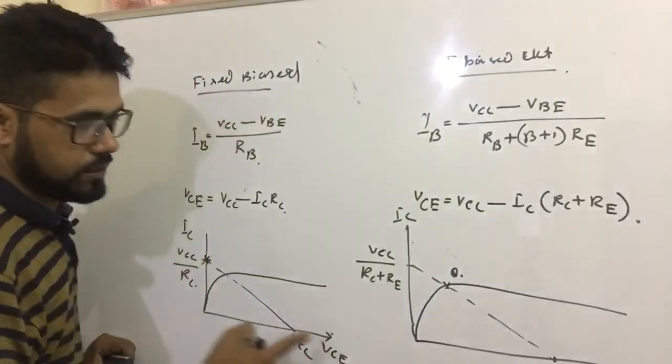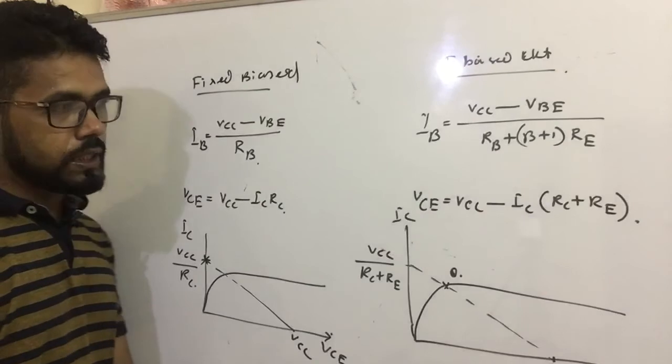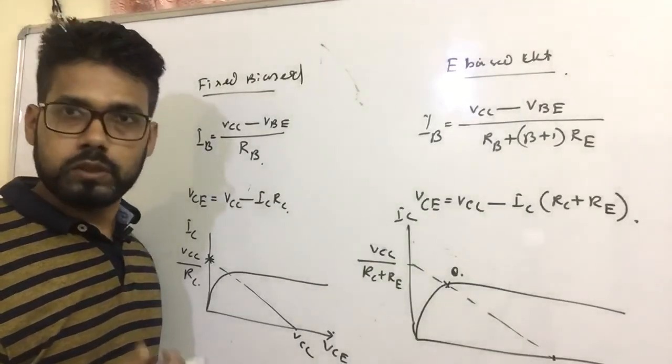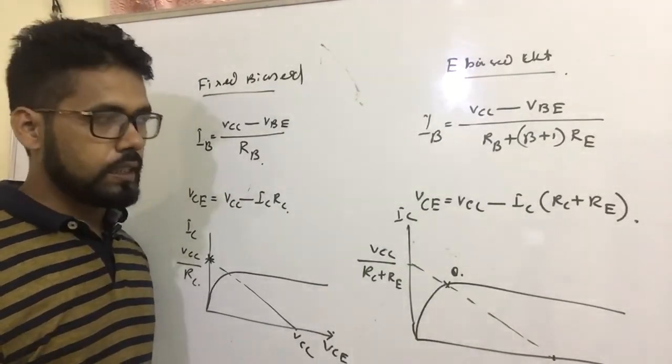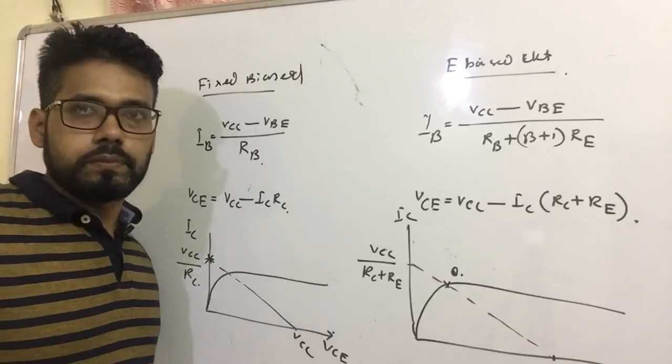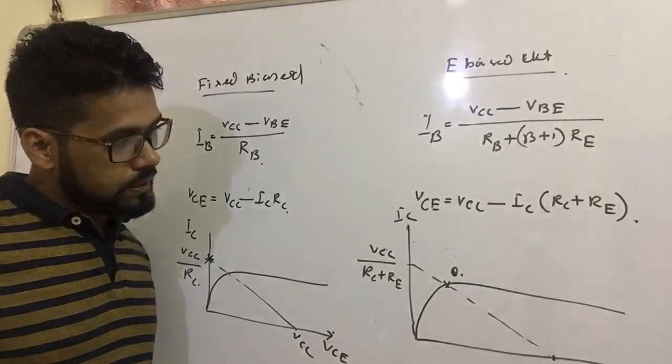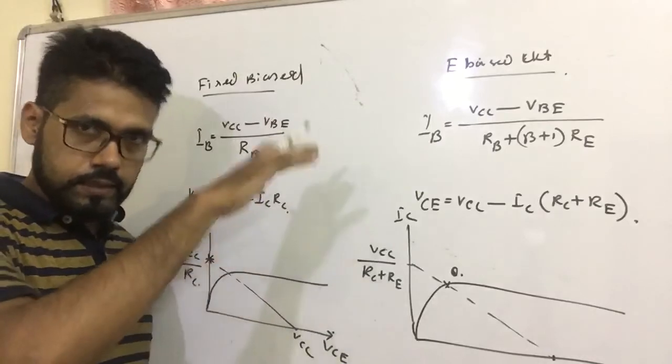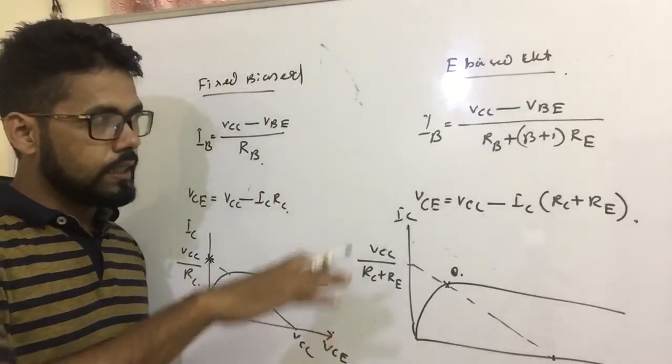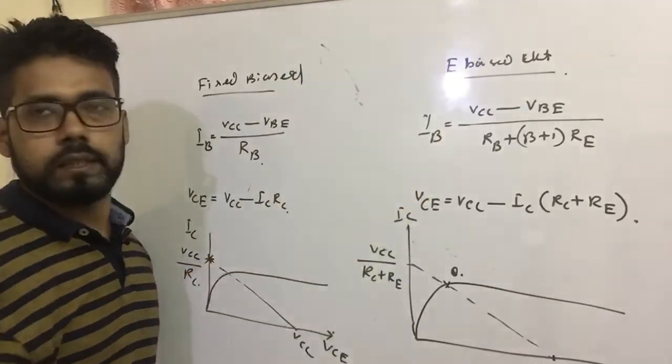This is the difference. So application of an external resistance to the emitter terminal results in lowering down the collector current, and also lowering down the input current.